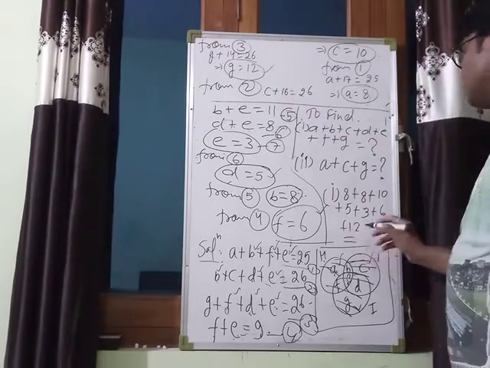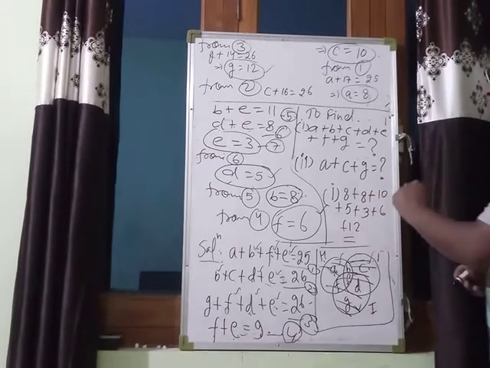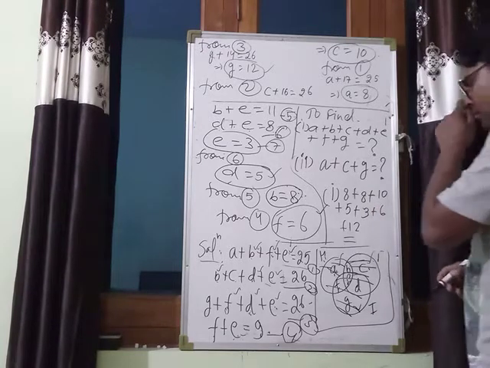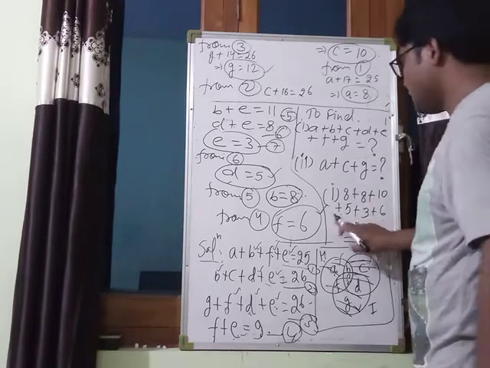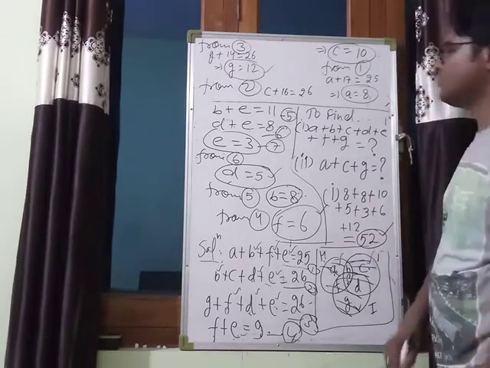Adding all this: 8 plus 8 is 16, plus 10 is 26, plus 5 is 31, plus 3 is 34, plus 6 is 40, plus 40 plus 12 is 52. So the answer of the first one will be 52.